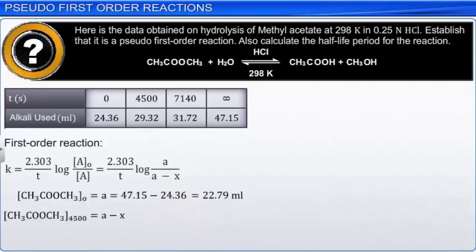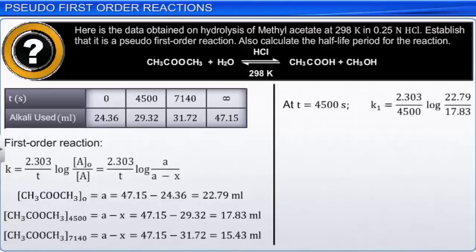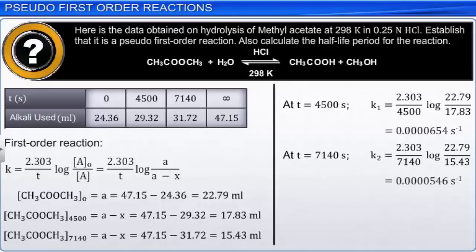Similarly, the concentration of methyl acetate at 4500 seconds is 17.83 milliliter, and at 7140 seconds is 15.43 milliliter. Now substitute the values of a minus x, and t in rate equation. On solving, we get the values of k fairly constant at the two different intervals of time. Hence, the reaction is of a pseudo first order.